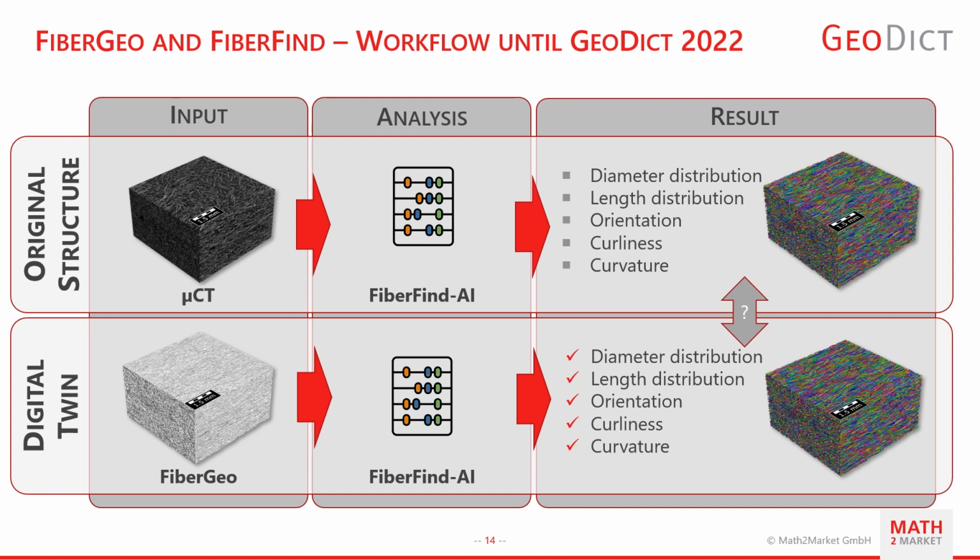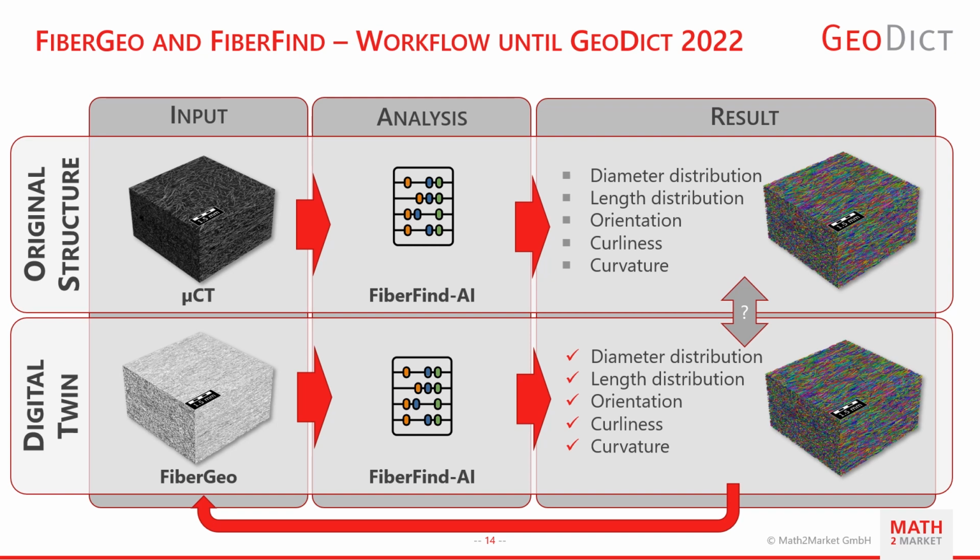So if some of the parameters do not fit yet, then we have to go back into FIB-Geo and change our parameters around, and run FIB-Find AI again to get the results that we can compare to our original structure. So that's of course a bit annoying that we have to rerun FIB-Find AI every time, even though the individual fibers are already in the FIB-Geo result.